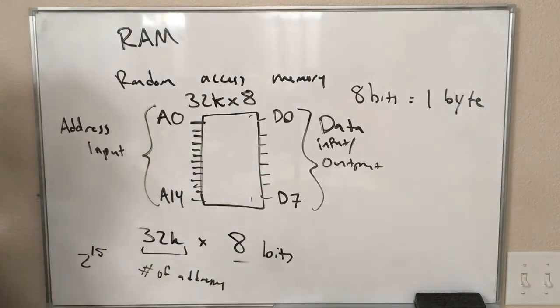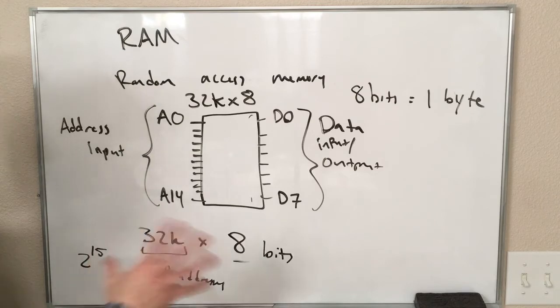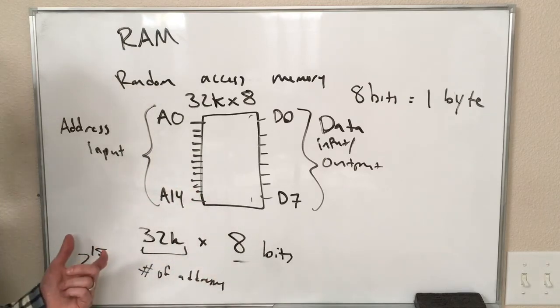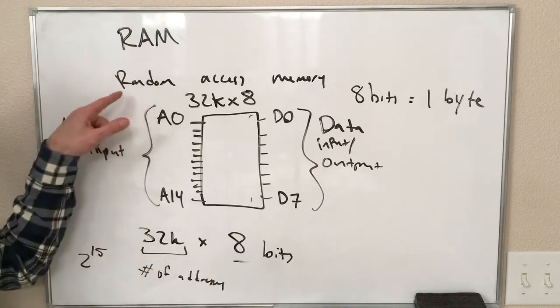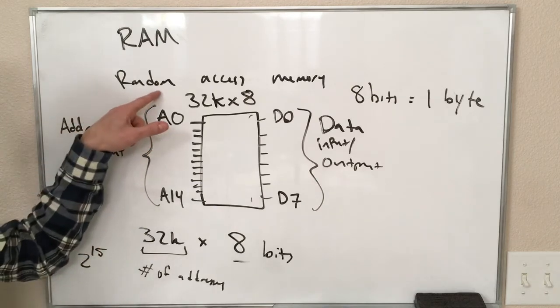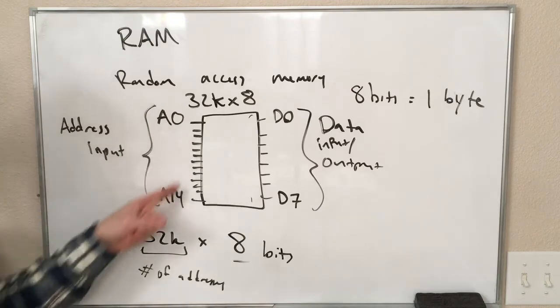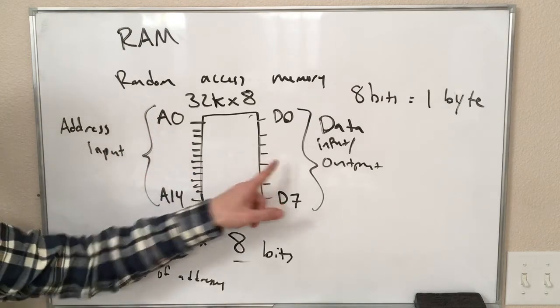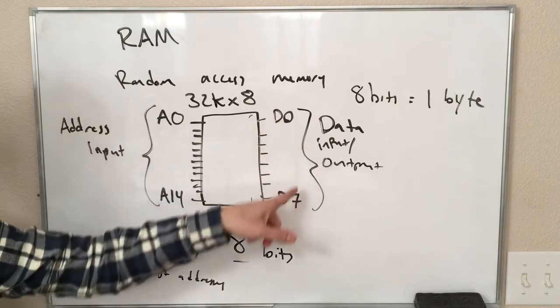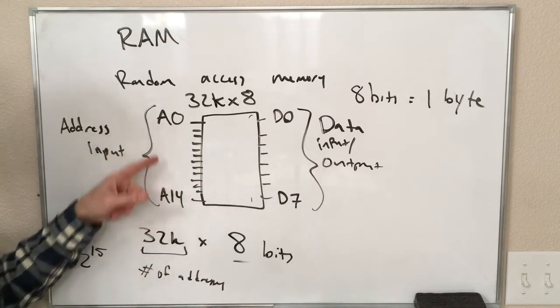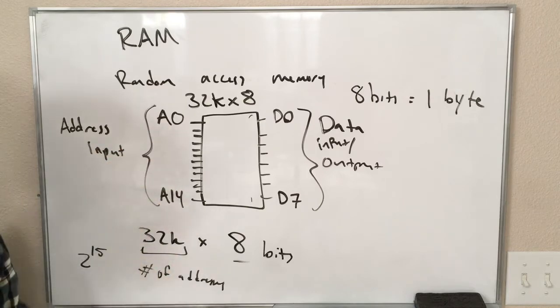But anyway, this is getting too complicated. This at least gives you some idea of how RAM works and why the random. I still don't like the word random, but the idea is that all these different locations are equally accessible, because whatever number you put in here corresponds to the location you get the memory out of, and you can switch between numbers here very quickly. You don't have to count up in order.